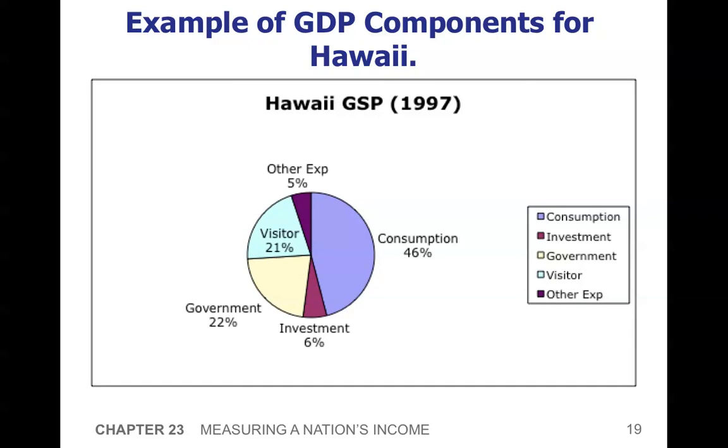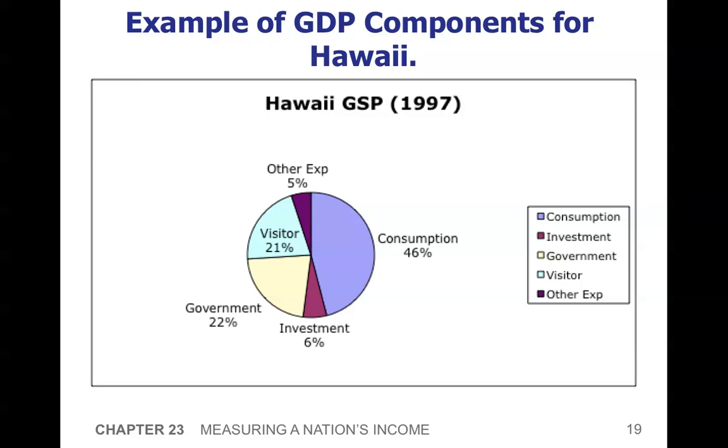Now here is the situation of Hawaii. In Hawaii's case, consumption is still a large component, but it is not nearly as large as in the rest of the country. It's only 46%. So in Hawaii's case, we've got government as a huge component. That's the military. Visitor expenditures are exports.